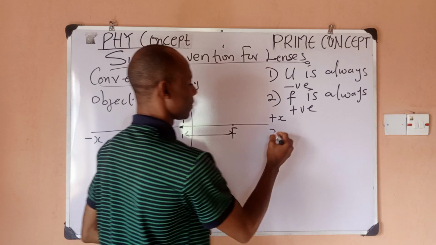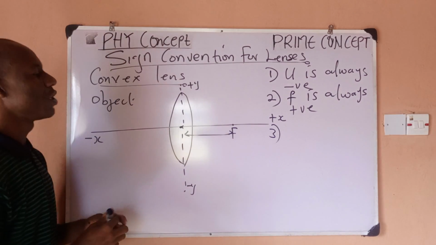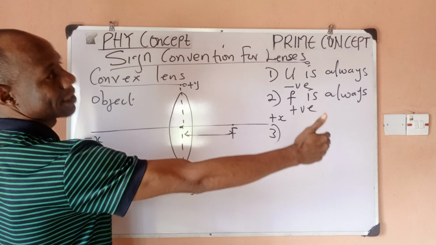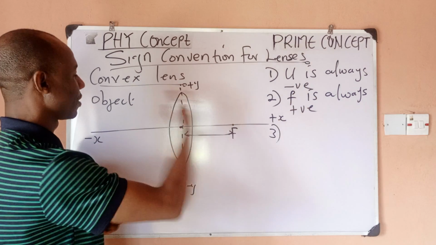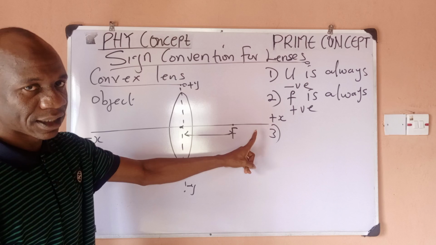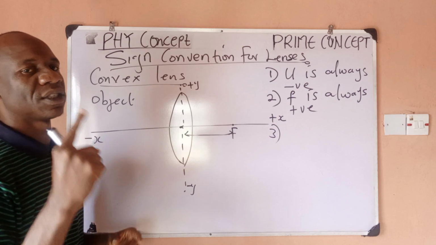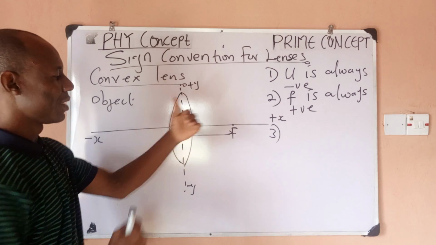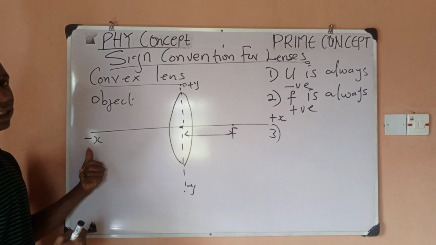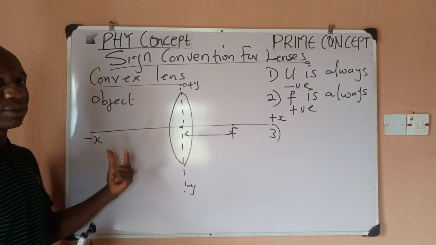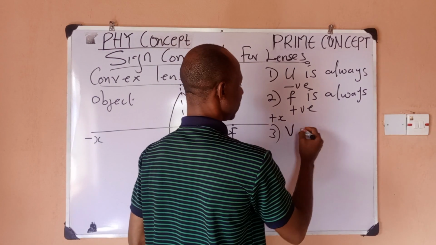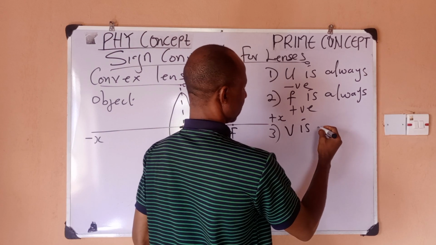Then thirdly, number 3. If your image is formed on the right hand side, on the opposite side of your object, it means it is formed on the positive side. So the image will be considered to be real. While if the image is formed on the same side as your object, which is on the left hand side, the negative x, the image will be considered virtual. So I'll put it down.